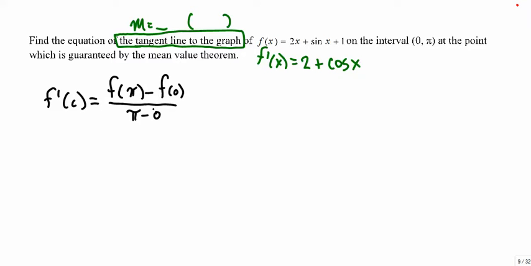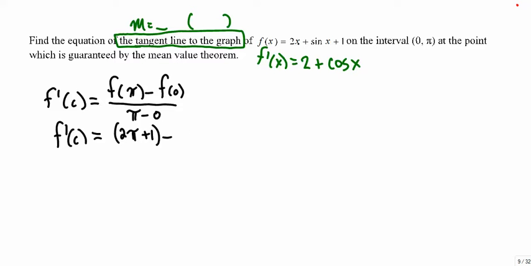All right, and we'll find out what our slope is as soon as we do the math, but then we need to find out what the c value is. That c value will be the x that we need for our coordinate point. So let's go ahead and figure out what slope we're looking at in the first place. f of pi means plug in pi. So we end up with 2 pi, and then sine pi is 0, plus 1.